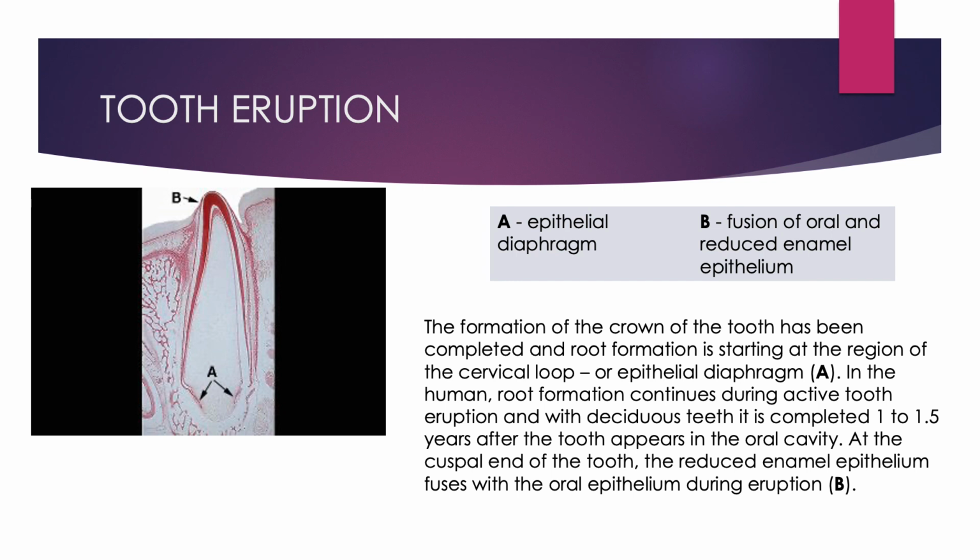It is completed in 1 to 1.5 years after the tooth appears in the oral cavity. In permanent teeth, it takes about twice as long for root formation to be completed. At the cusp end of the tooth, the reduced enamel epithelium fuses with the oral epithelium during eruption.